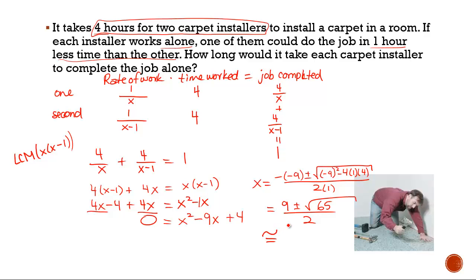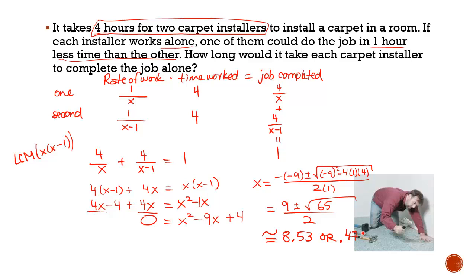So approximately we have 9 plus root 65 over 2, which is 8.53, or 9 minus root 65 over 2, which will be 0.47.